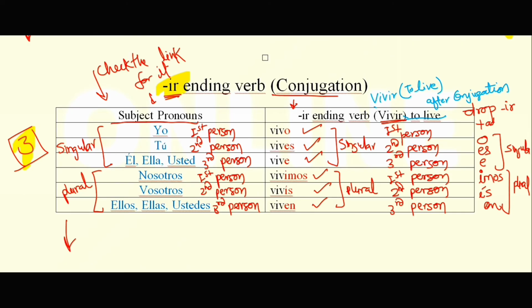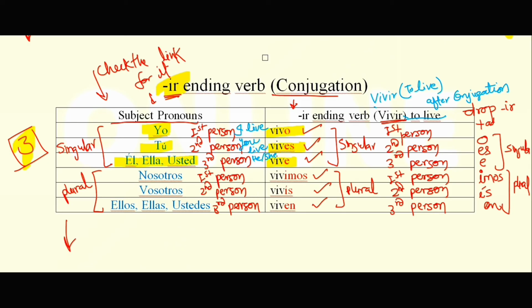See, 6 forms. Yo vivo means I live. Next, tú vives means you live. Next, él, ella, usted vive. Él, ella, usted vive means he, she lives.